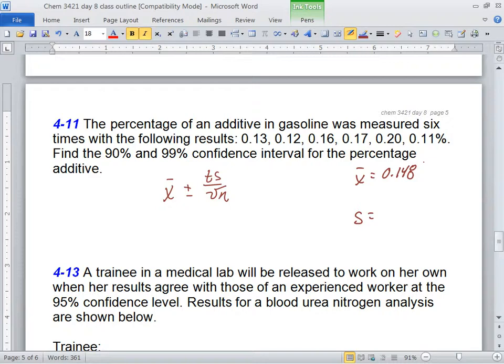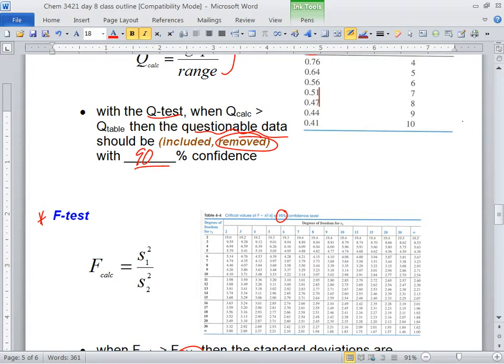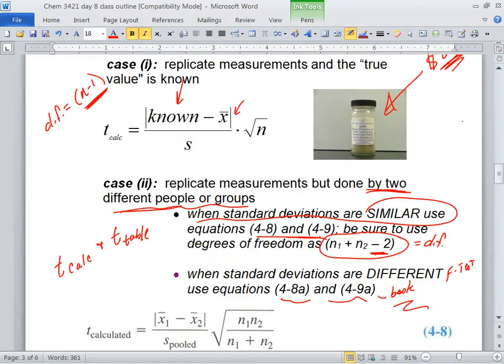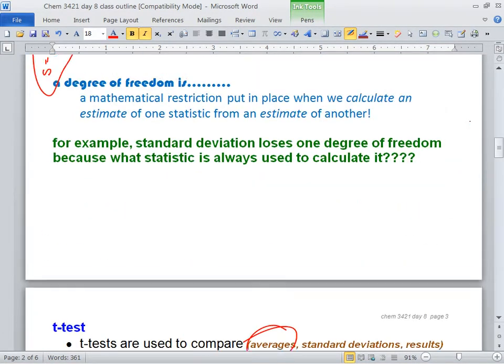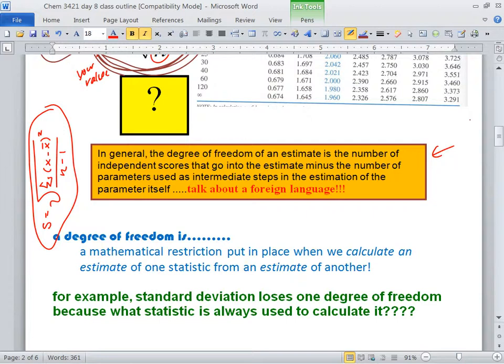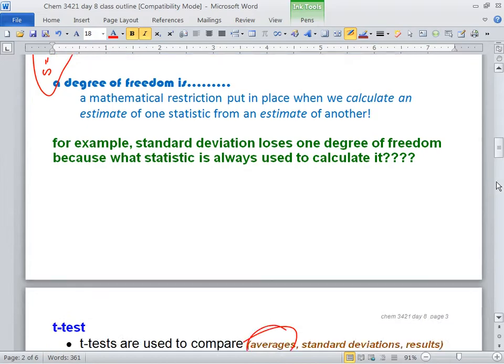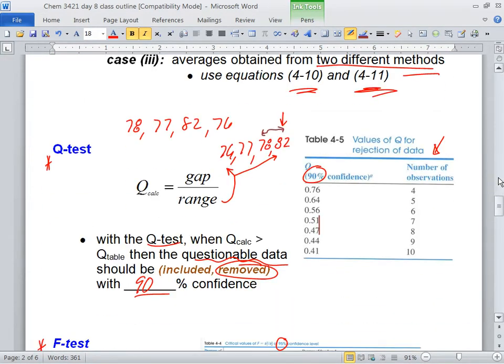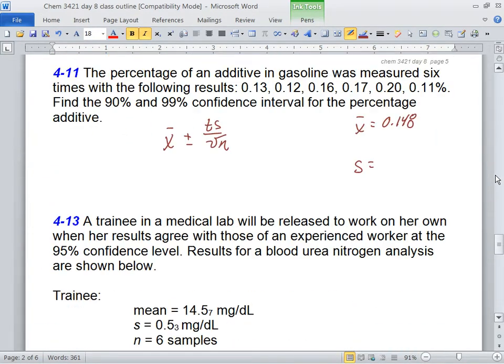Okay? Now, do you remember when I wrote the equation for standard deviation? Where did I write it? Oh, there it is. You go sideways. Standard deviation has a N minus 1. If you want to calculate population, it's just an N. But we don't want population. We want standard deviation of our measurements. So it has to be N minus 1.